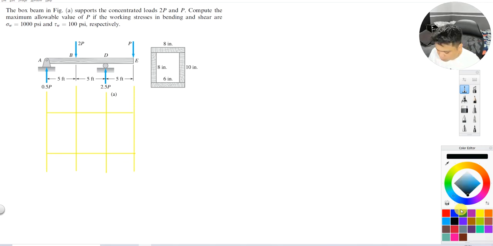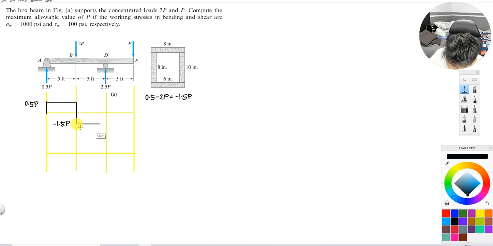Okay? So, unahin natin. So, I will now have 0.5. Okay? So, 0.5 of P. Wala kang ibang load. Bababa ako from 0.5 minus 2P. So, that's equals to negative 1.5 of P. Wala akong ibang values.